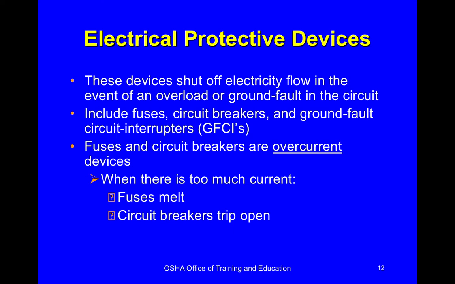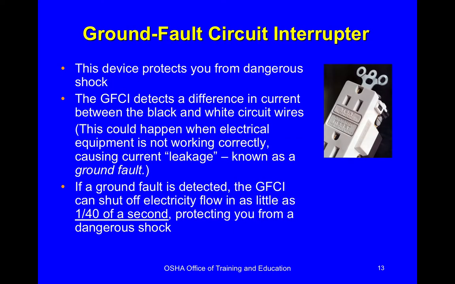That way, if you try to draw more, it will either trip or melt, and you're not going to damage all of the wiring downstream of it. So if you're trying to draw too much current, something's going to melt. A fuse, if that's what you're using, or circuit breakers will start tripping. So if this is constantly happening, something is wrong and you should look into it.